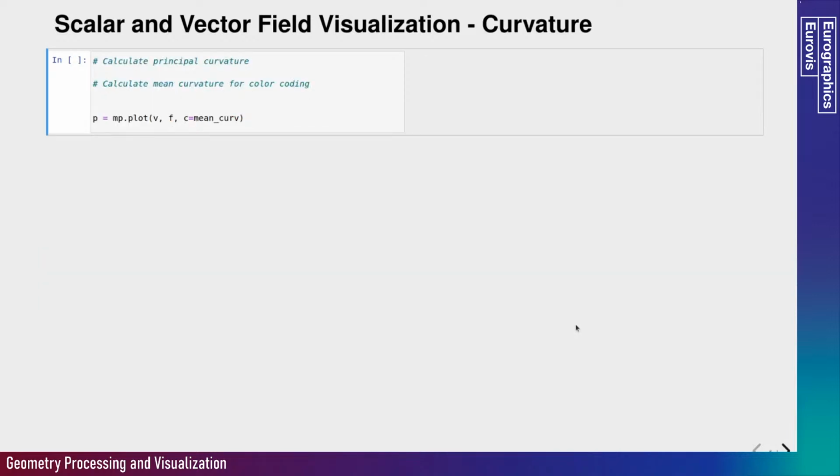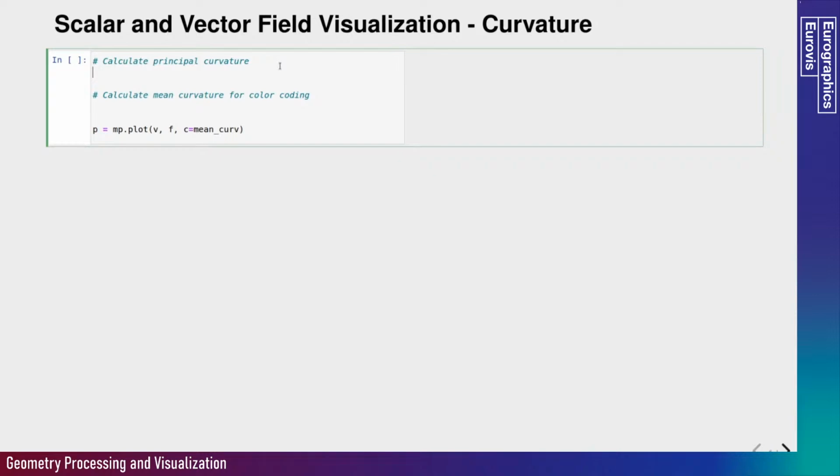So what about not only visualizing normals, but also the curvature values? For this, libIGL also brings a lot of functionality with it. We can calculate the principal curvature values, which tell us how much the geometry is curved in one point, with the IGL principal curvature function. We hand in V and F again, and now we get back the principal curvature directions as well as the principal curvature values.